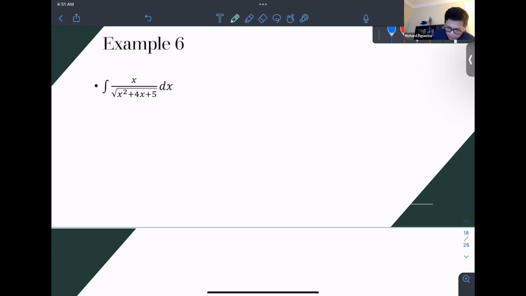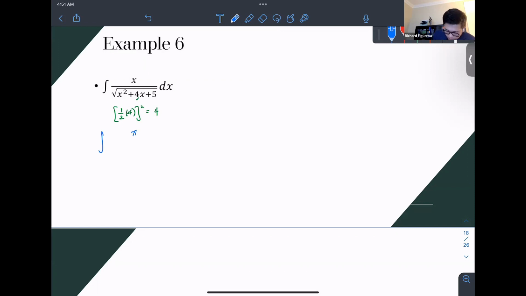To do that, we get half of the middle term. The middle term is 4, then square it. Half of 4 is 2, and squared it is 4. So that's what we will be adding. We add and subtract 4.